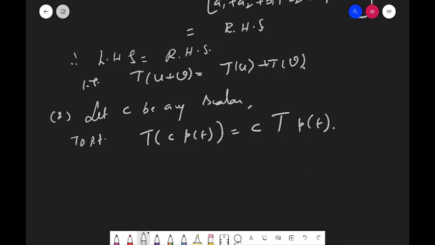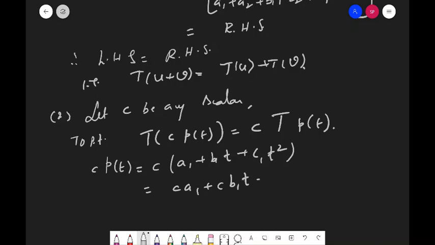This is what we have to prove. So c be any scalar. What is c into P of t? Equal to c into (A1 plus B1 t plus C1 t square). That is equal to cA1 plus cB1 t plus cC1 t square.